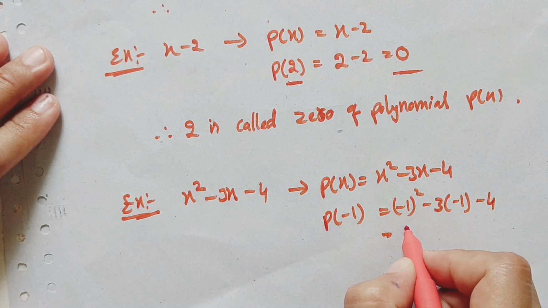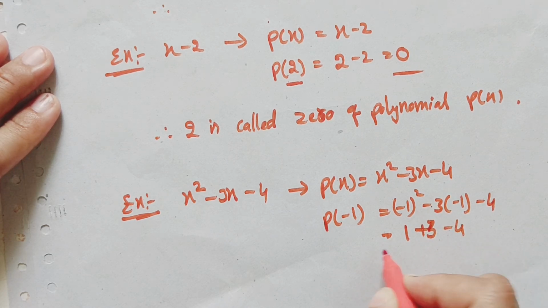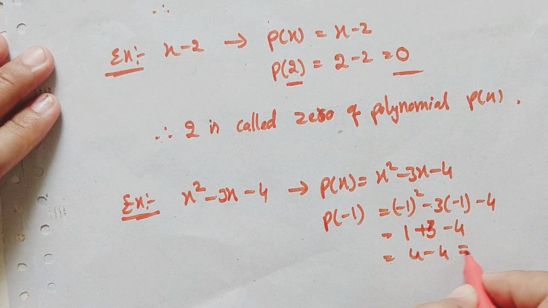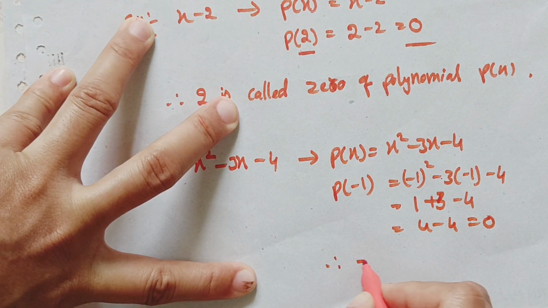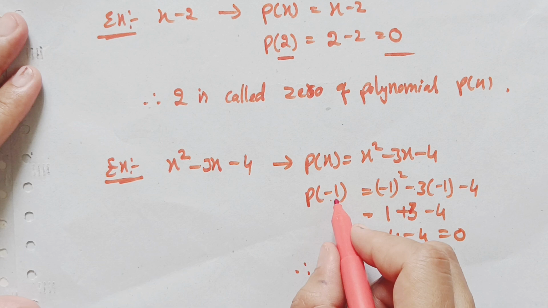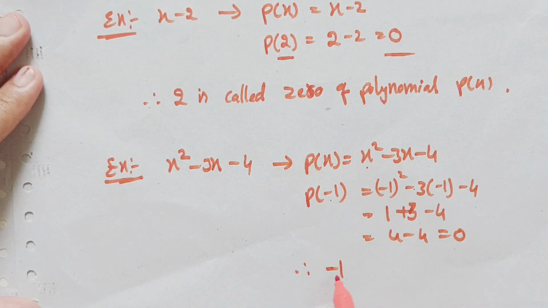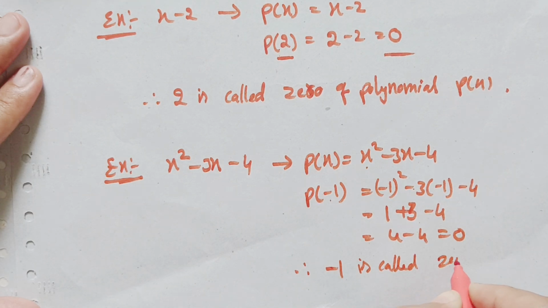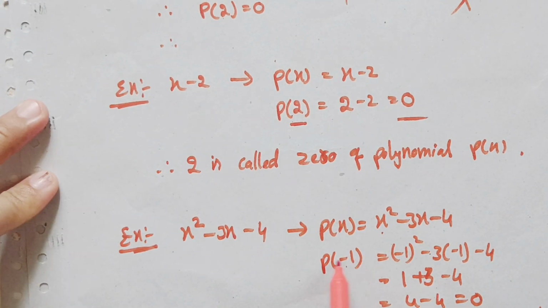Minus 1 whole square means 1, minus of minus plus 3, minus 4. 4 minus 4 equal to 0. So by putting minus 1 in the place of x, I am getting 0. Therefore minus 1 is a zero of polynomial p of x.